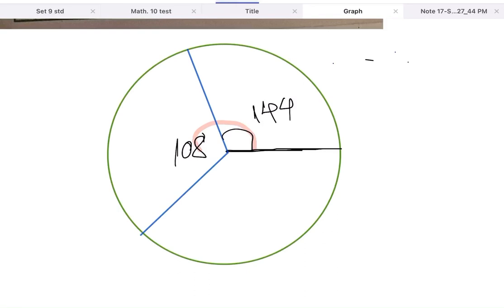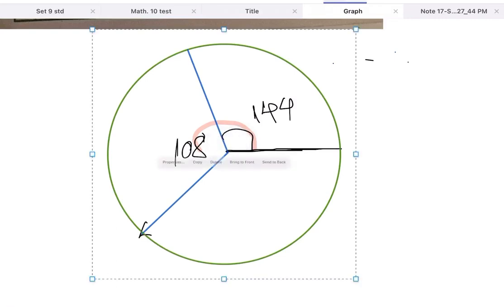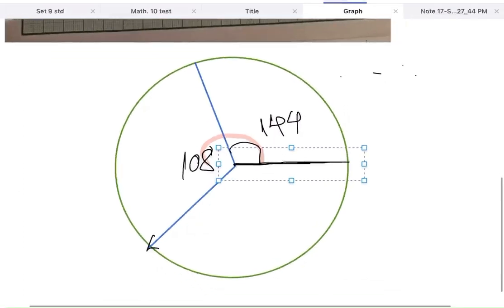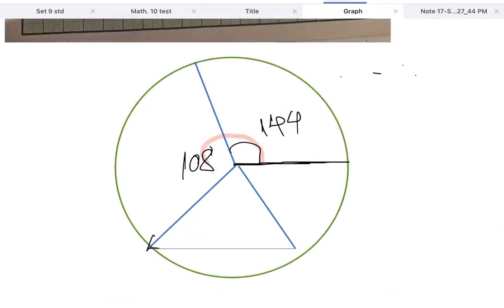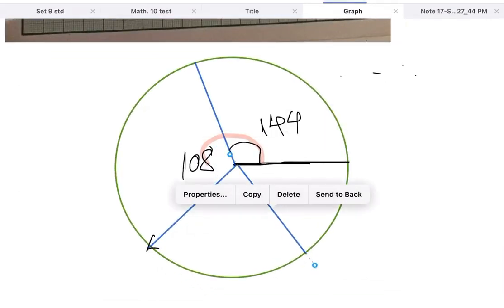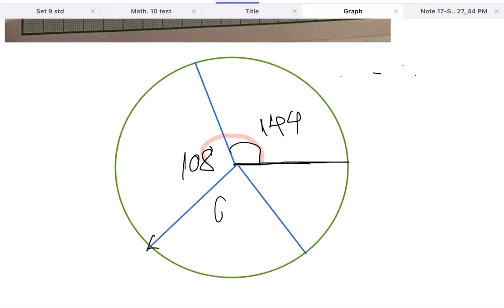This is your baseline. By using this, draw a line which gives us 63. So write down here 63. So definitely this is of 63, and the last one is 45.